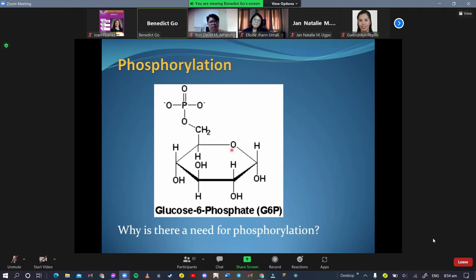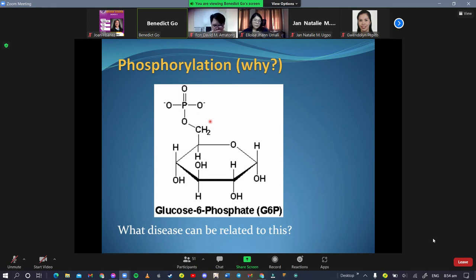So you'll notice that phosphorylation is also a reaction involving glucose. Now, why is there a need for glucose to be phosphorylated? When you phosphorylate glucose, you help trap or retain the glucose intracellularly.